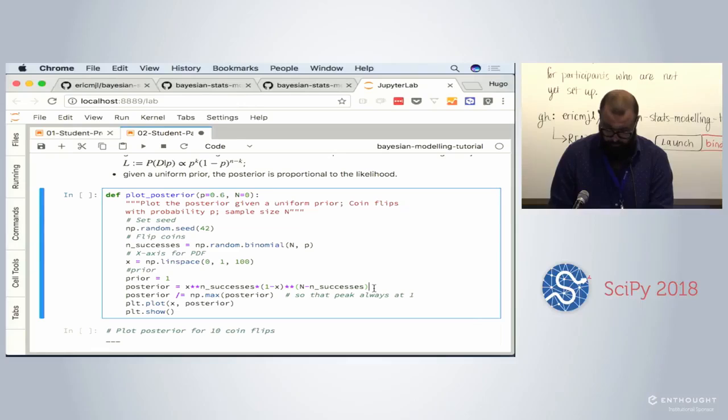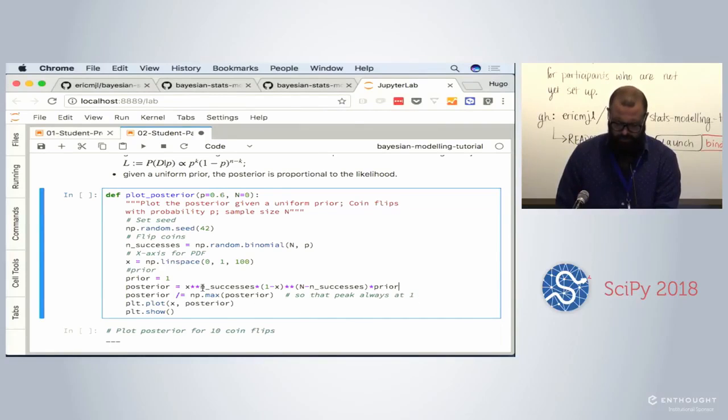And the prior is 1 in this case, so we can kind of ignore it. But I don't want you to do that. I want you to multiply it by the prior, because you always want to multiply it by the prior, even if it's 1. If you don't, it's not generalizable, and you'll forget to later on, or I'll forget to.